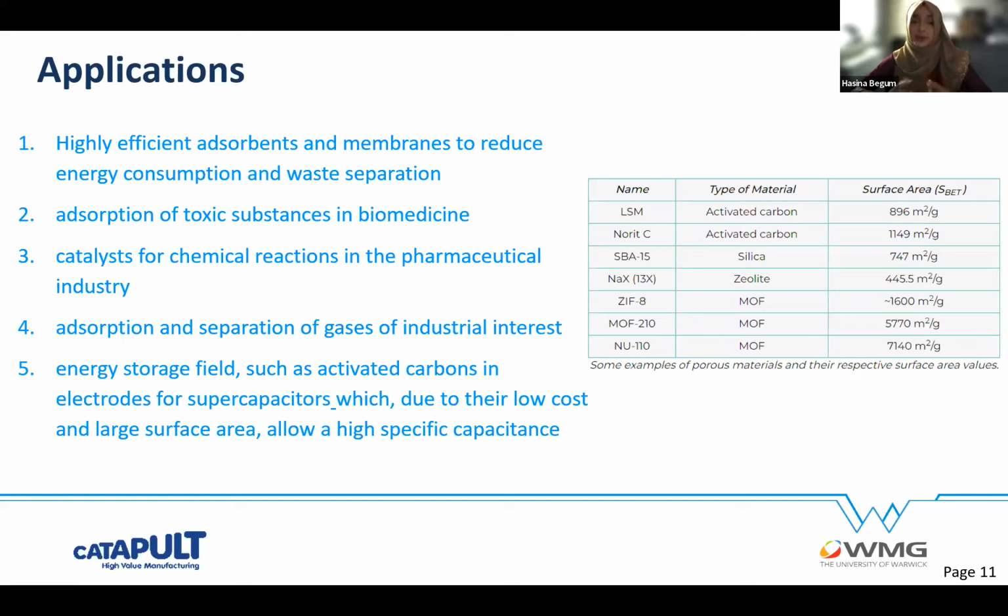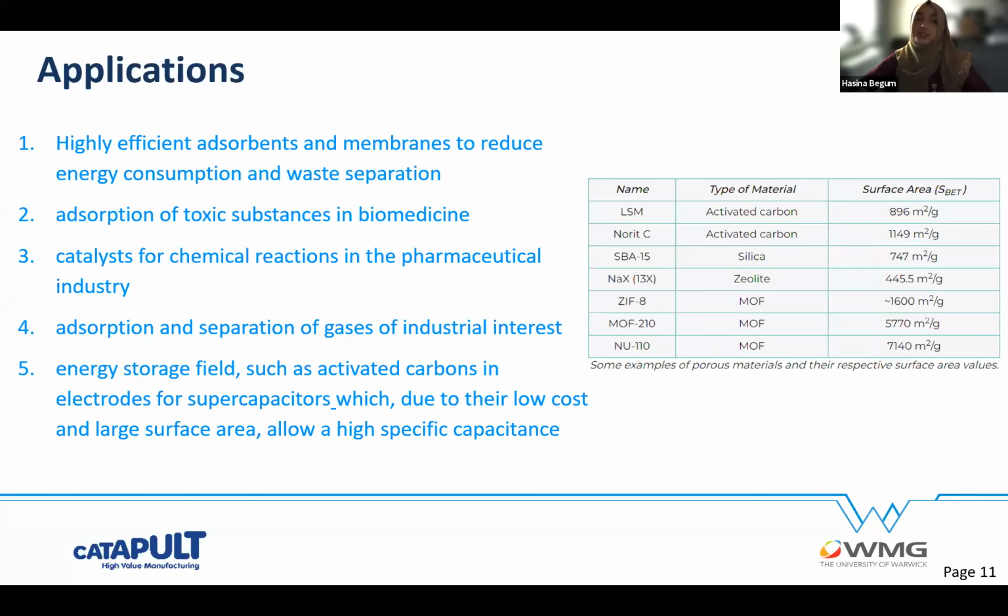So when we have adsorption or separation of gases occurring, it happens within these cavities, and that's really important for industry, because they don't want the sound waves, or whatever application they're using the material for, to just bounce against the pores and bounce back. They would like the sound waves to be attenuated through the entire material and be absorbed in that way, and that's why these are of particular interest.